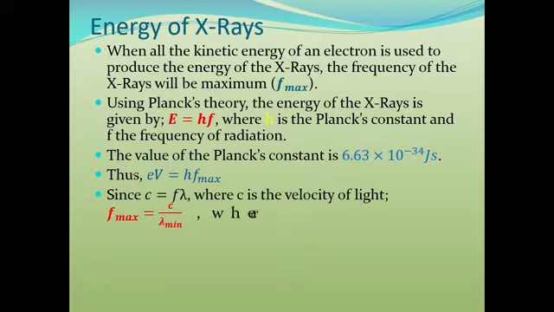So since the speed of light, c, the velocity of light, is the product of frequency and wavelength, we'll be right to say that the maximum frequency will be basically the quotient of the velocity of light and the minimum wavelength.